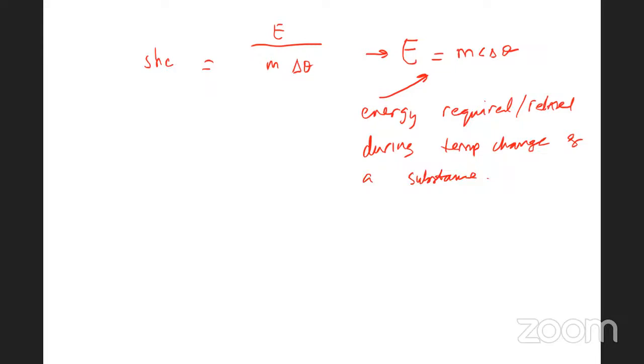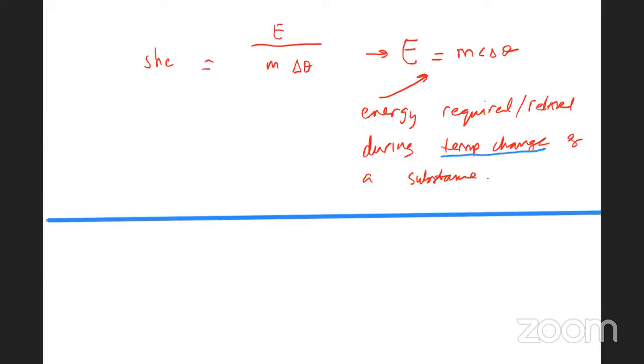So what you will notice is that we focus so far on temperature change. The next thing we're going to do is phase change. So our next thermal quantity is called latent heat.